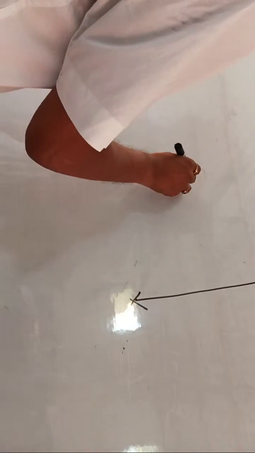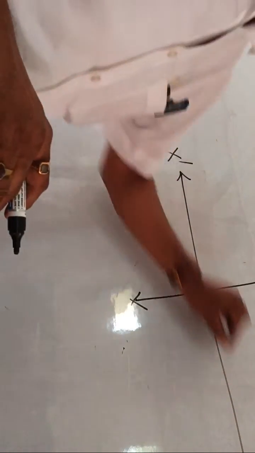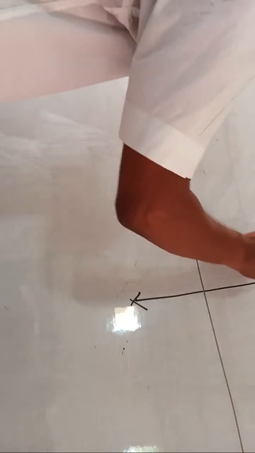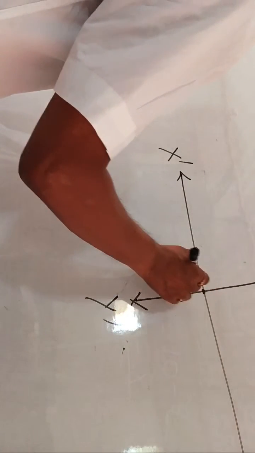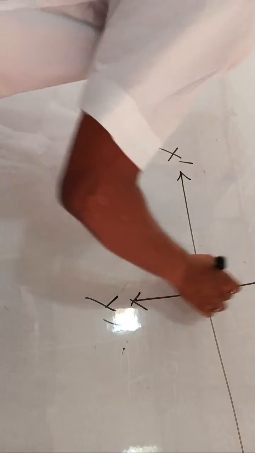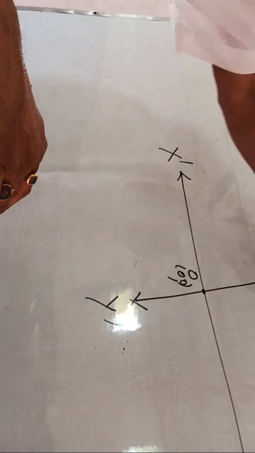We take a graph paper in which the horizontal axis is the x-axis. We take the value of x on this horizontal axis, and the vertical axis is the y-axis. This is the center, the origin. Here x is 0 and y is also 0. Now what is the first point?